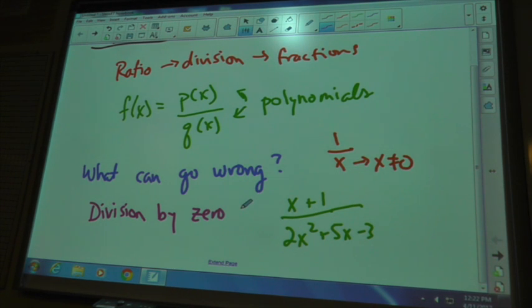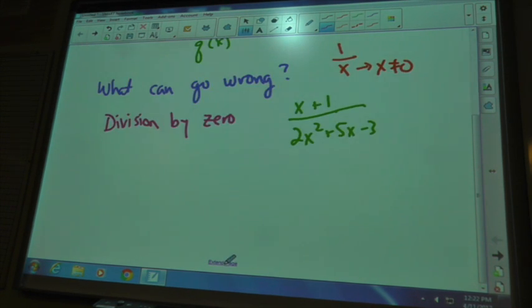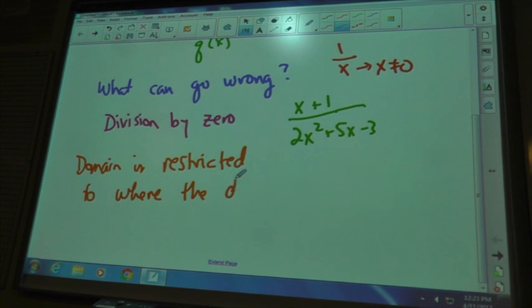So this is where our domain issues come up. Domain is restricted to where the denominator is not equal to 0.